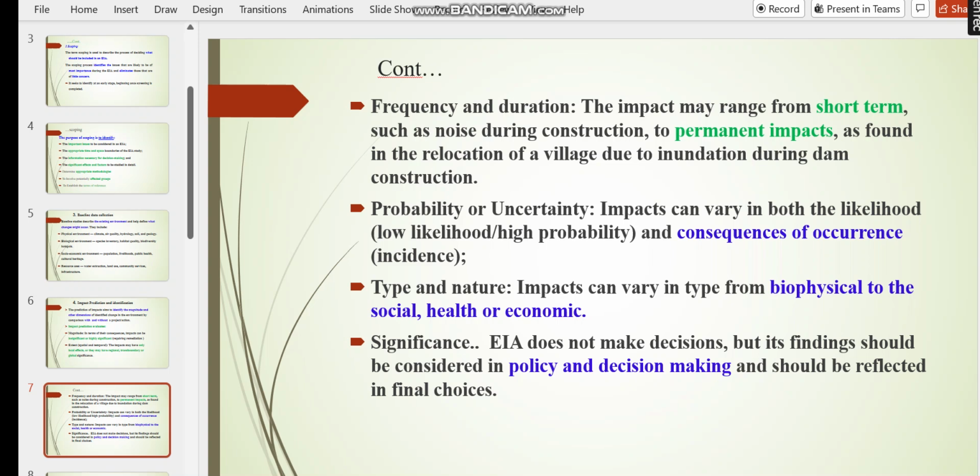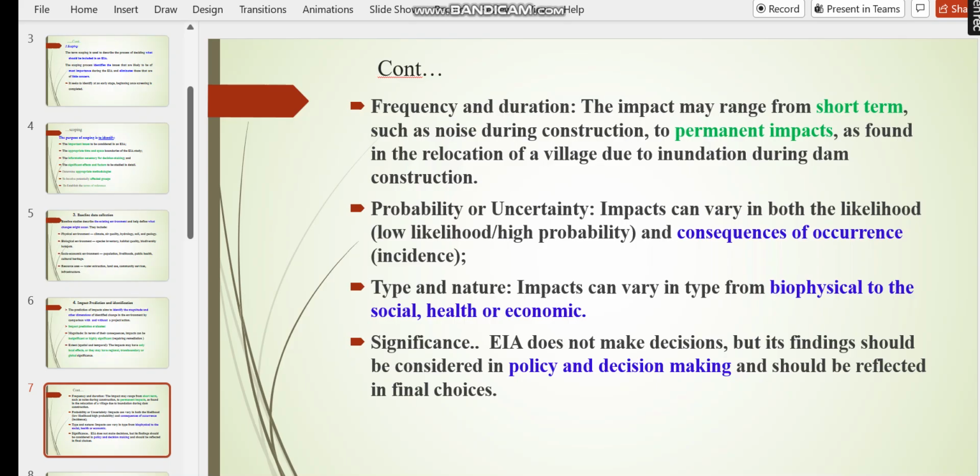Frequency and duration: the impact may range from short term to permanent. Short term impacts are such as noise during construction, and permanent impacts are like the relocation of a village due to inundation during dam construction.